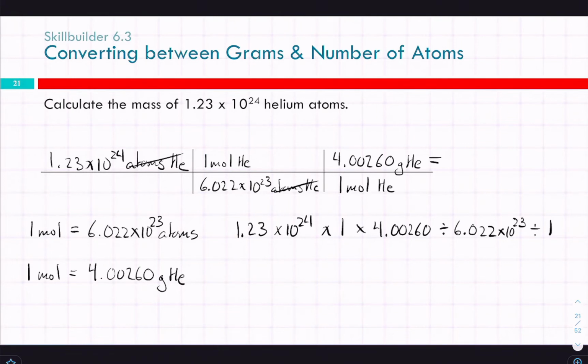You can type everything into your calculator like this, and because of order of operations, it'll go left to right and do everything in the correct order. So this is going to be 8.17535, but with the correct number of sig figs, it's going to be 8.18 grams of helium.